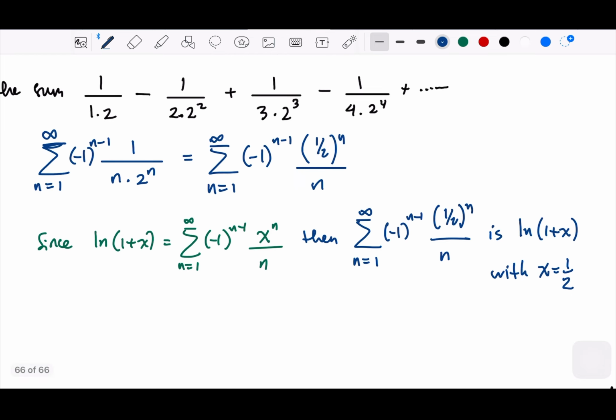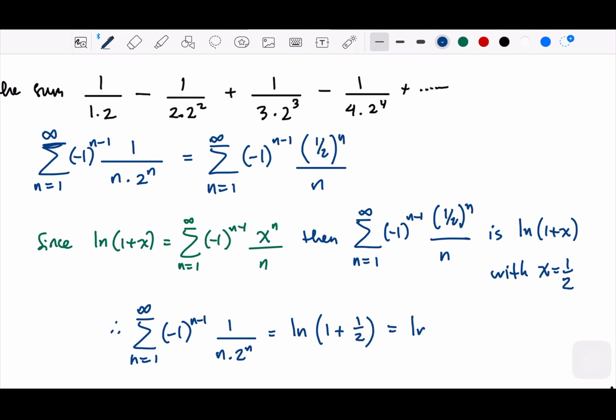So here is the conclusion: this is going to be ln of 1 plus 1 over 2, or ln of 3 over 2.